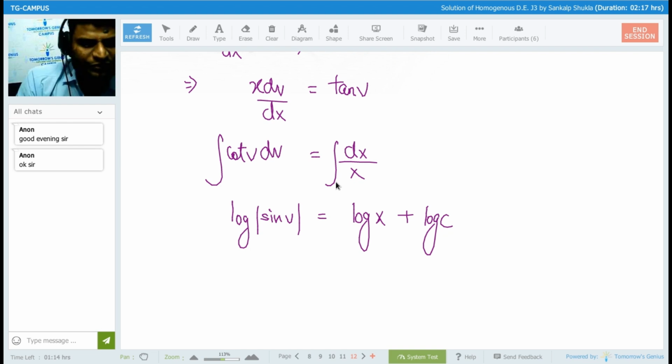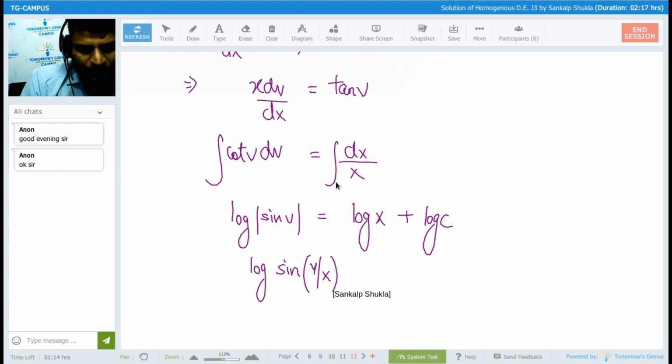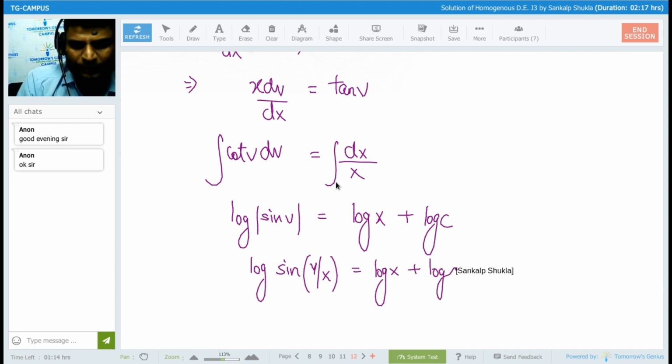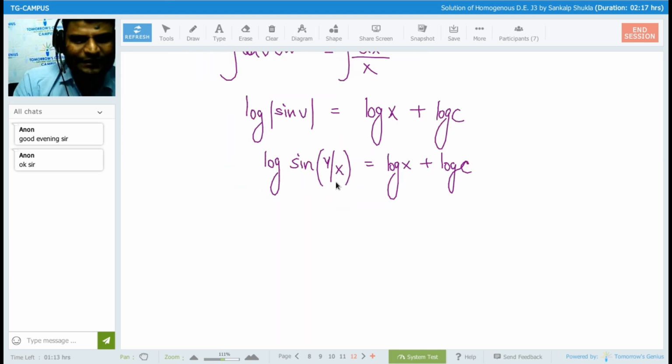Okay, so now what was v? V was y by x. So log sin y by x is equal to log x plus log c. Or we can write it as sin y by x is equal to xc.